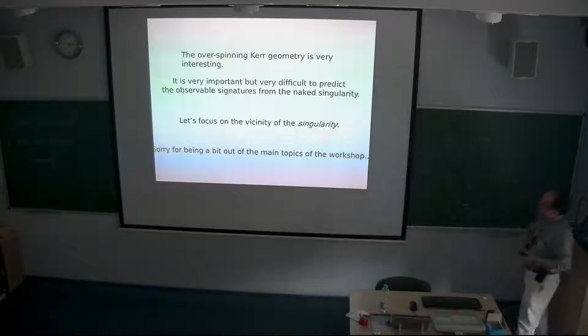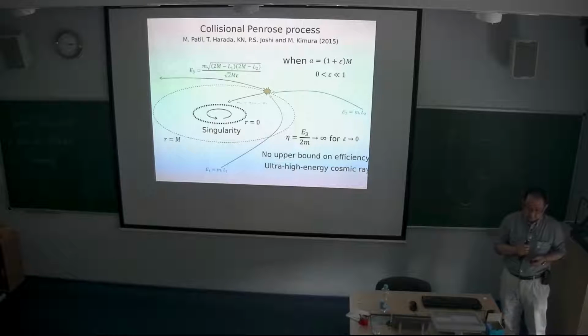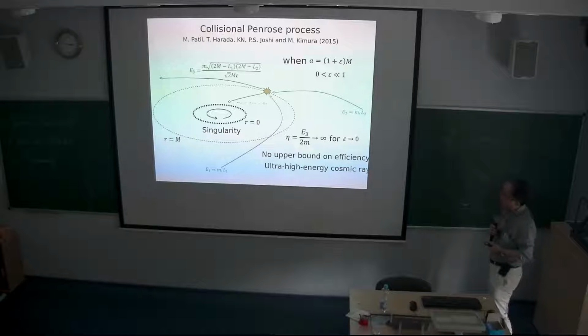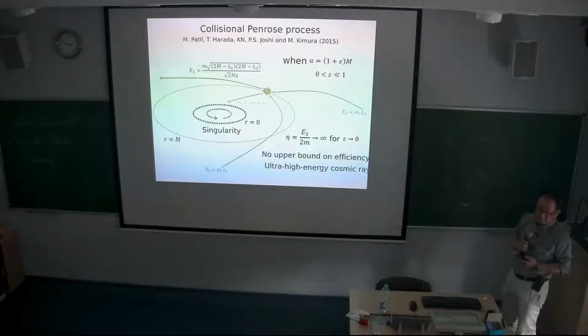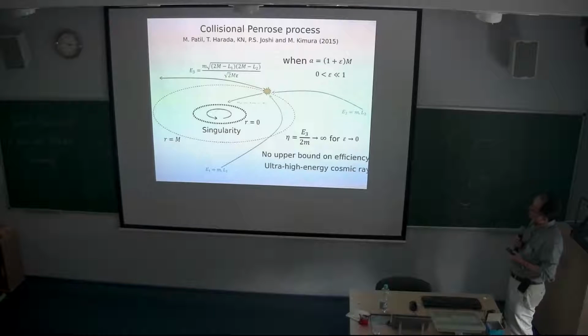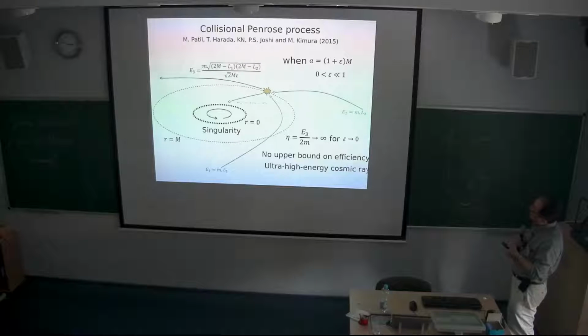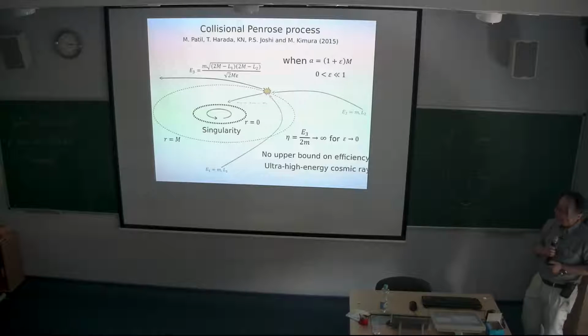I would like to show one example of why the overspinning Kerr geometry is interesting. Consider particles falling into the naked singularity, with a collision occurring at r equal to M. This subject was studied by a previous group. The Kerr parameter is a little bit larger than the critical value.